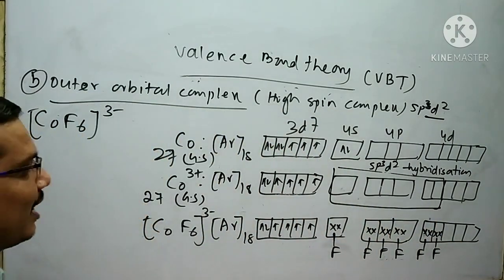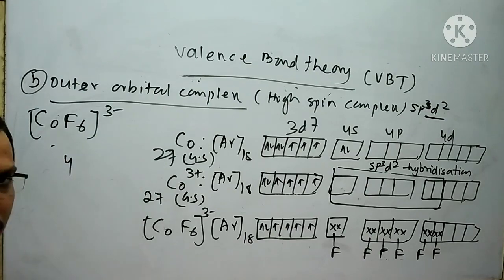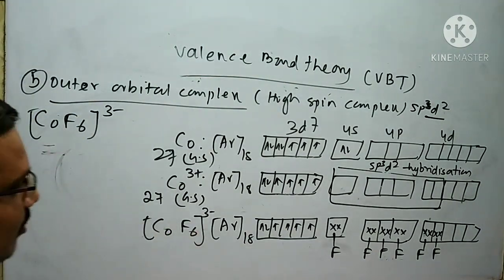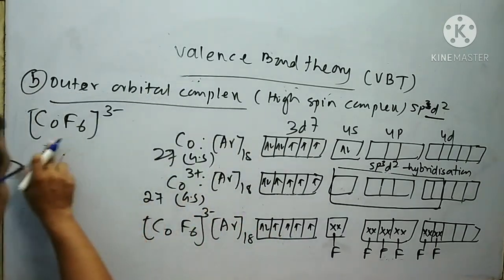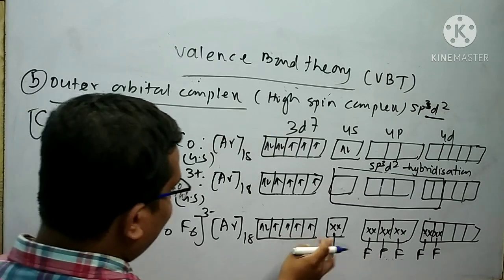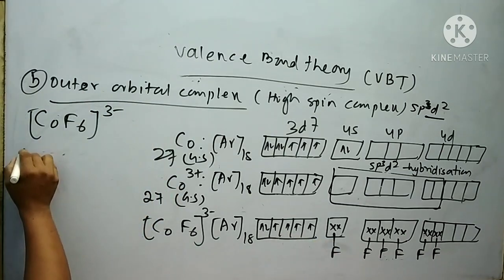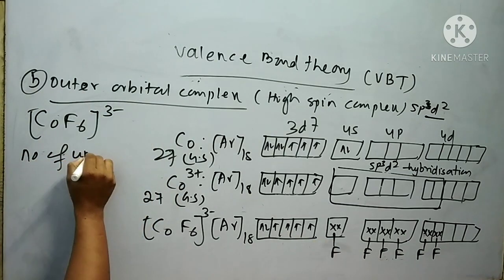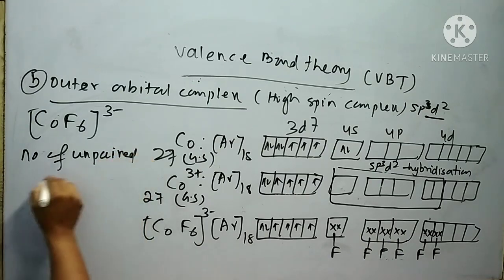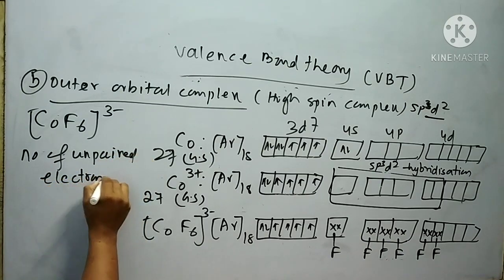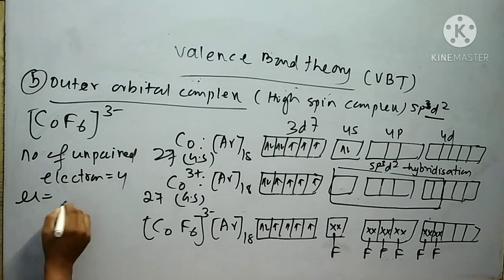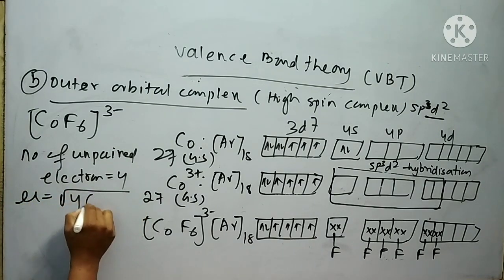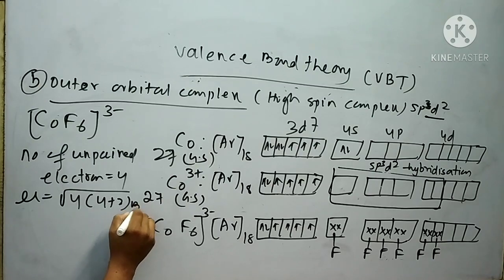Experimentally it is seen that this complex has 4 unpaired electrons. So from this diagram it is also proved that this complex has 4 unpaired electrons. So I can write the number of unpaired electrons equals 4. So the magnetic moment mu equals root over of 4 into 4 plus 2 BM.